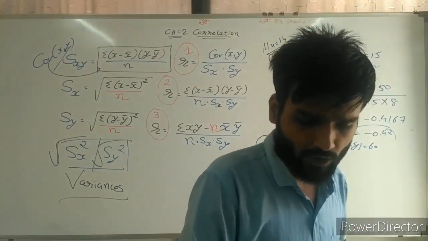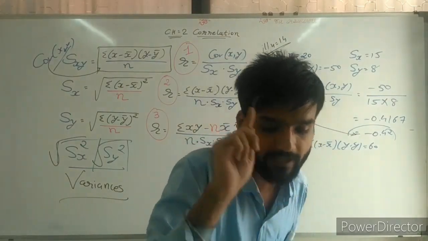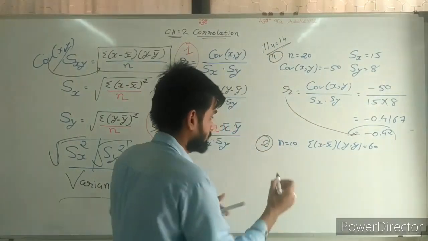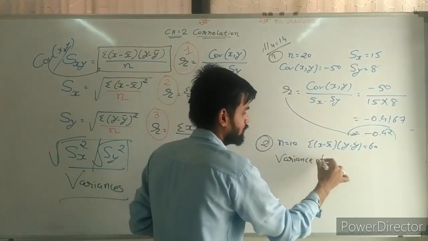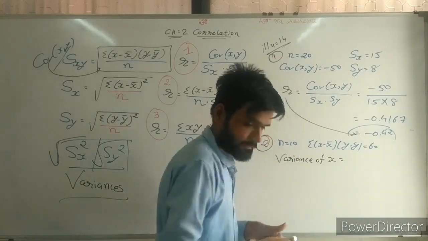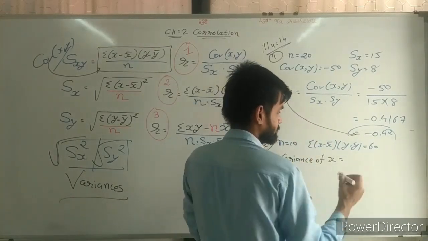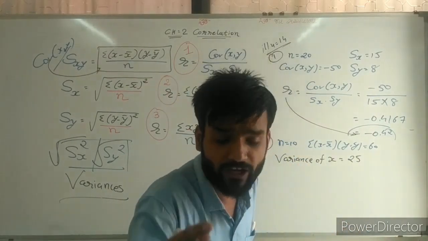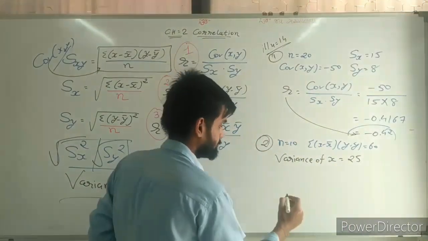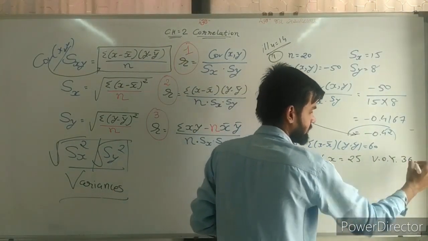Then, what is given? Variance of x is equal to 25. In the same way, variance of y is 36.